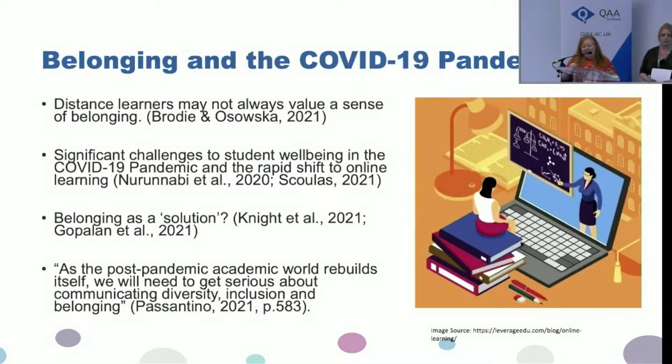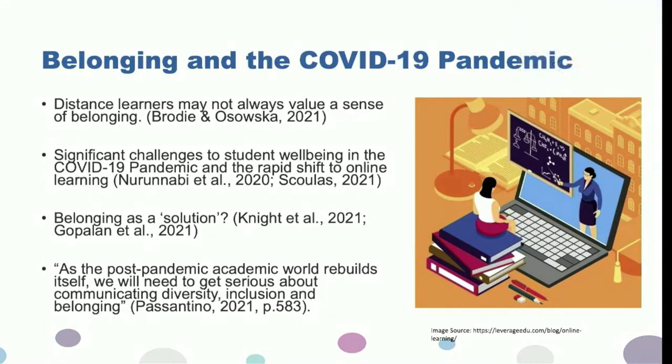There we go. Okay, so it's really interesting to think about belonging and the COVID-19 pandemic, because I had already done some research on belonging. Being a programme leader of a very large programme, I was really interested to find out whether students had a sense of belonging in online programmes.